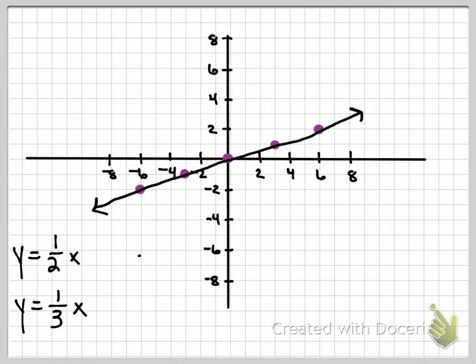So if I plug in a 1 for my x value, 1/2 times 1, what do I get? 1/2. So I come over here to my x value of 1, and it kind of is at 1/2. No, it's more like at 1/4. Okay? So now let's plug in a bigger number, 3. What's 1/2 times 3?